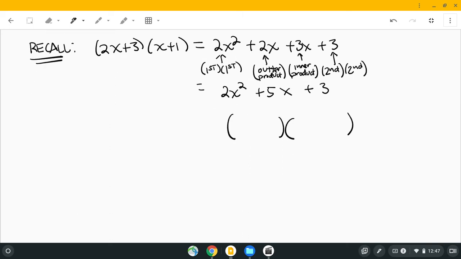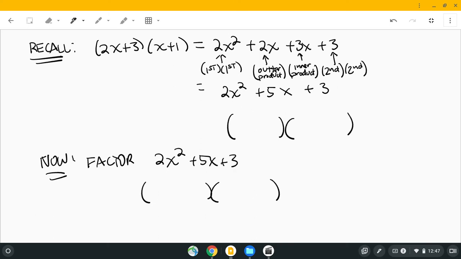So now what we're trying to do here is factor a trinomial by going backwards. Like if you have 2x squared plus 5x plus 3, then we use the fact that we get this from first times first. So you have to figure out what times what will give you 2x squared. And that's going to be 2x times x.